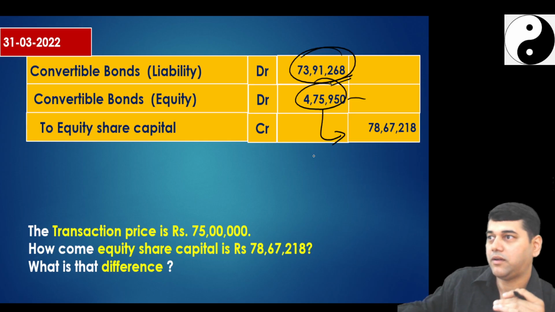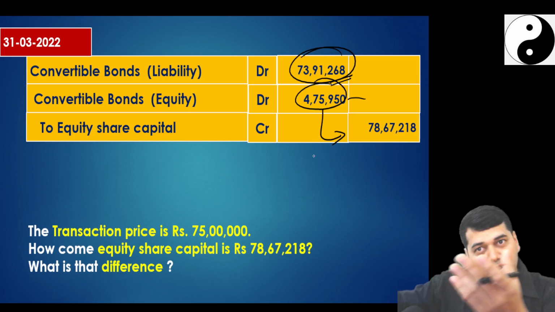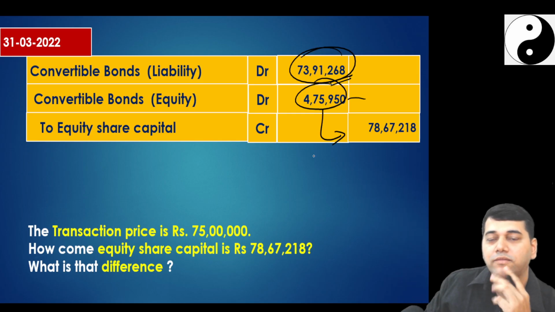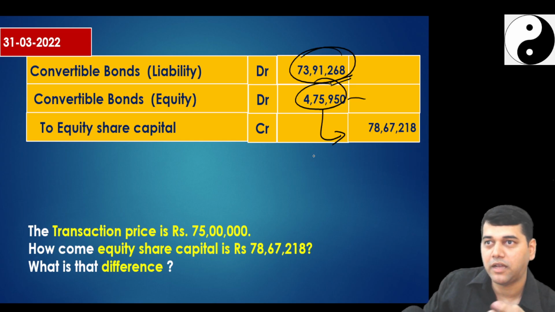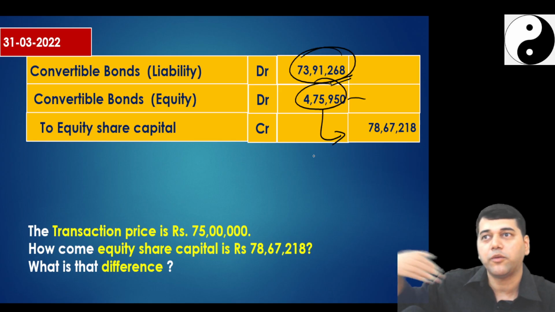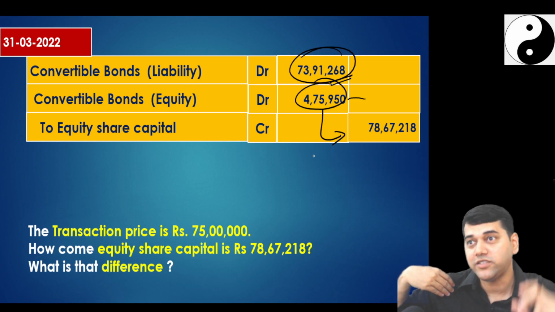When I have received 75 lakhs, how on earth am I transferring more than 75 lakhs to the equity? Is there a redemption at a premium there? Have they told me? No. How come my equity balance increased? See, 75 lakh rupees is what I got. How come my equity increased?